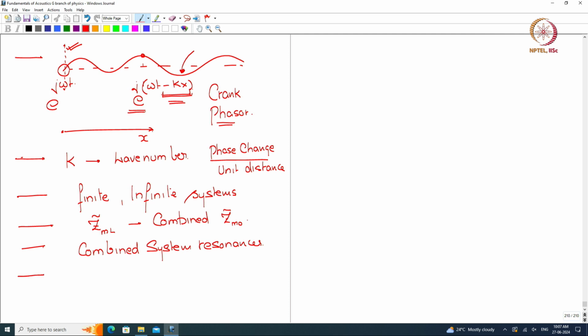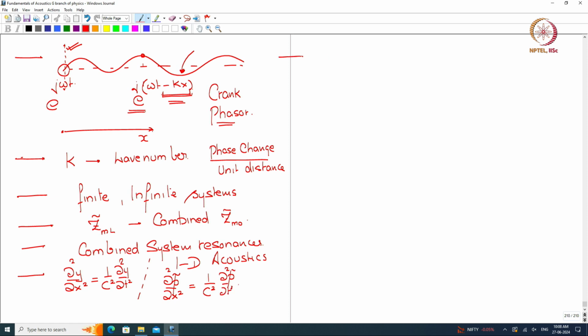One of the reasons for seeing this is that if del 2y by del x square is 1 over c square del 2y by del t square, then for 1D acoustics the equation is del 2p tilde by del x square is equal to 1 over c square del 2p tilde by del t square.